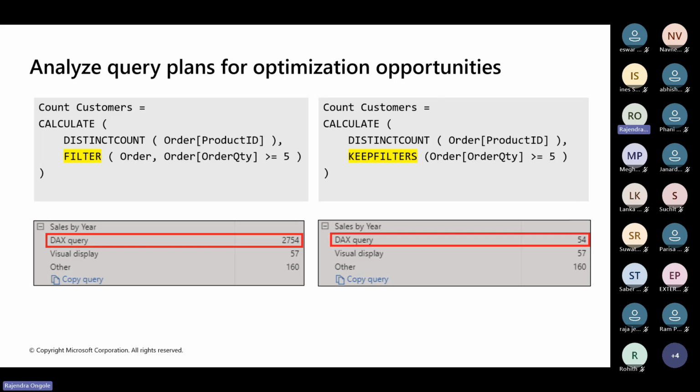Same logic, same output. You can see the difference between using a direct filter function in a CALCULATE expression and the same with KEEPFILTERS, specifically on order quantity. You can see the output, milliseconds reduced from 2754 to 54.